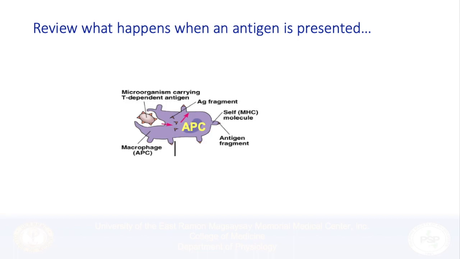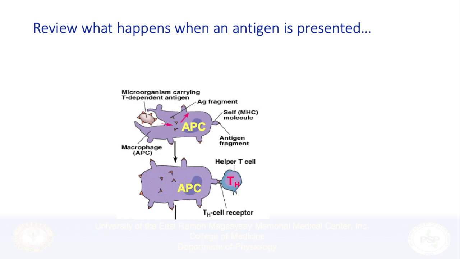It will be phagocytosed, and then the APC will display the antigen on its surface together with the MHC class 2, and this will be recognized by the CD4 positive T cells, which are your helper T cells. The helper T cells now would undergo proliferation. They will proliferate to become your memory T cells, and at the same time an effector cell.